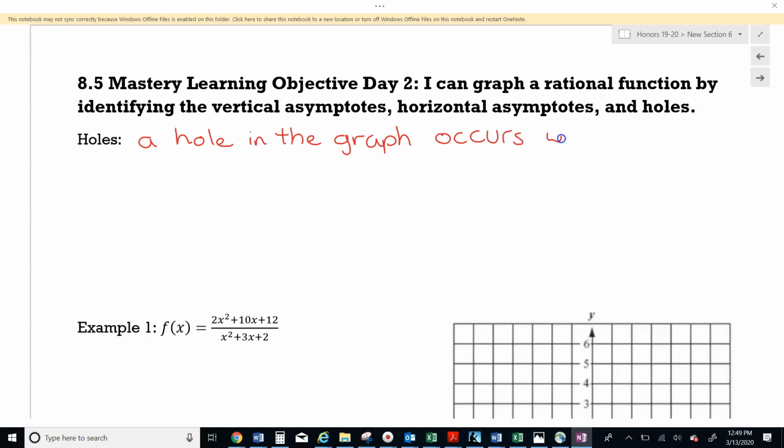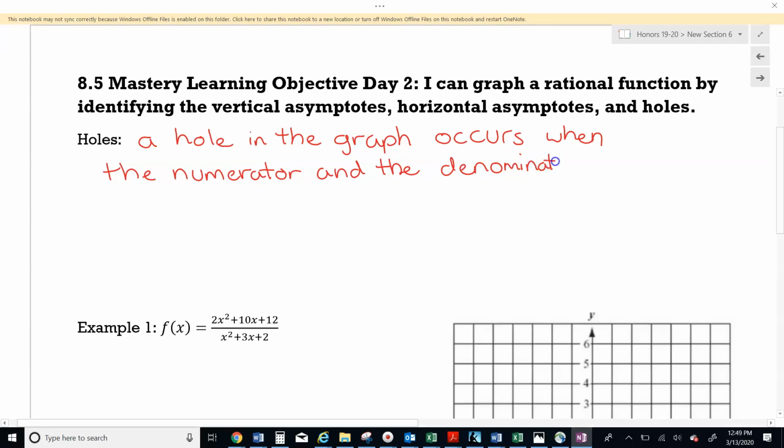It occurs when the numerator and the denominator have common factors. Right? Factor or factors. Okay?